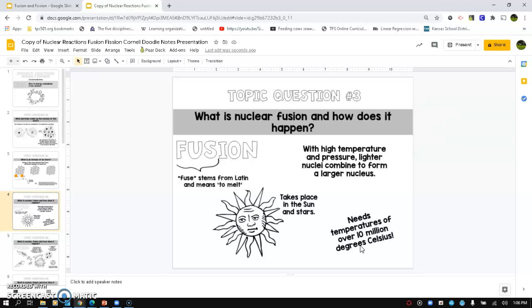So unfortunately, even though the core of the Earth is hotter than the outside of the sun, it is not feasible to really do fusion here on Earth because it will take an insurmountable amount of energy to start it and to regulate it.